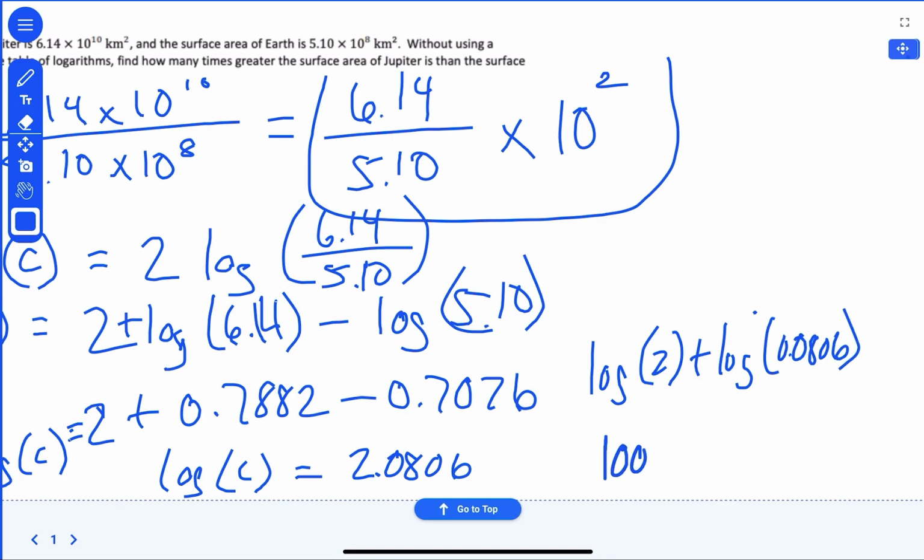This would be 100 plus, and we would go to the table again to find what is 0.0806, and that is 20. So we would have log 120. Okay. You don't need to necessarily know what is in the tables. Okay. You just need to know how to get here. Okay.